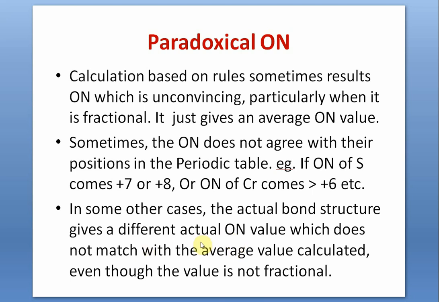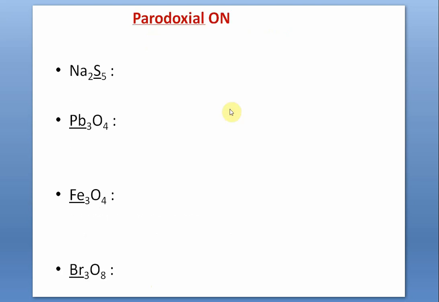The different actual ON value can be determined from the bond structure, which will not match with the average value calculated, even though the value is not fractional and doesn't exceed the group number like the case I cited. Now, I will give you more than one example of each type.